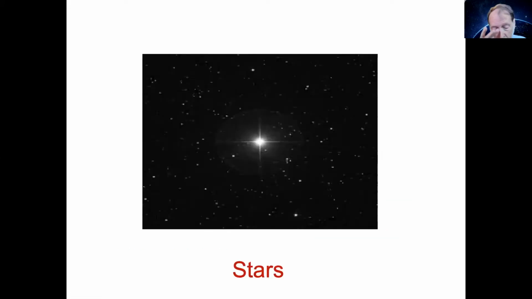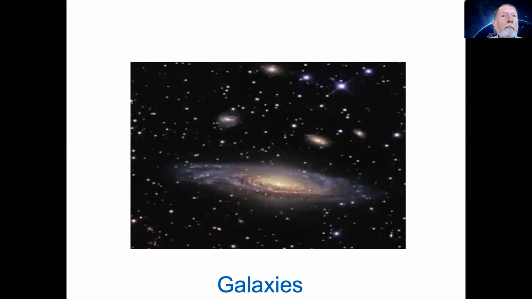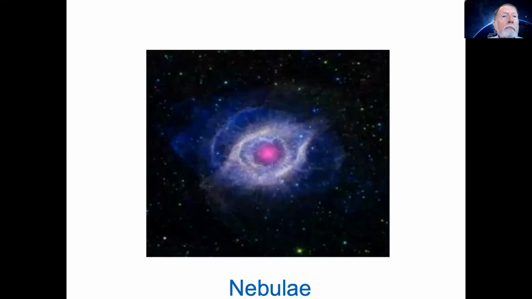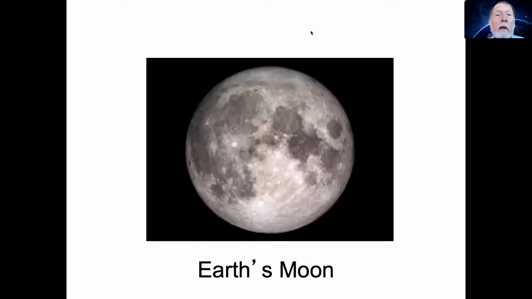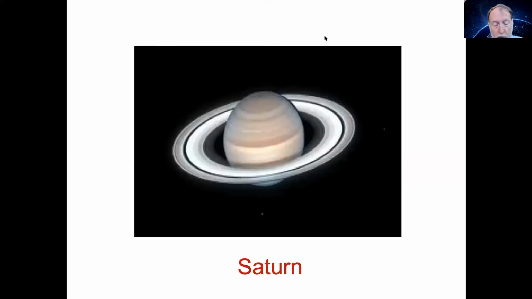Fixed or deep sky objects usually include things like stars, galaxies, nebulae, and clusters. When we talk about transient objects, or objects that move across the background of stars, we are mostly talking about the solar system. And of course, that's going to include such things as the moon, planets, and comets.